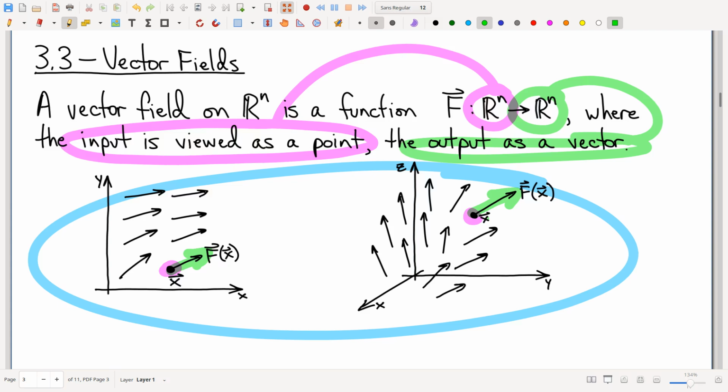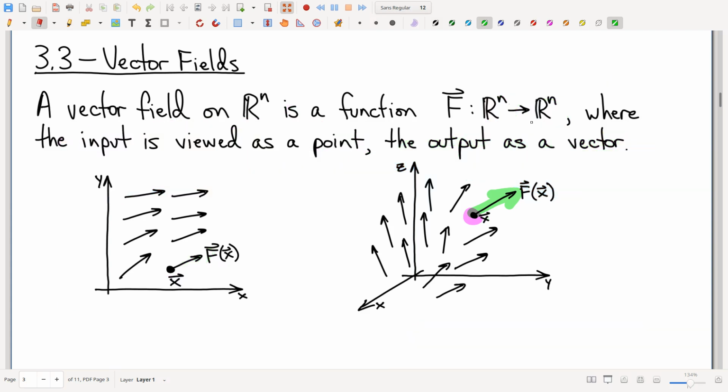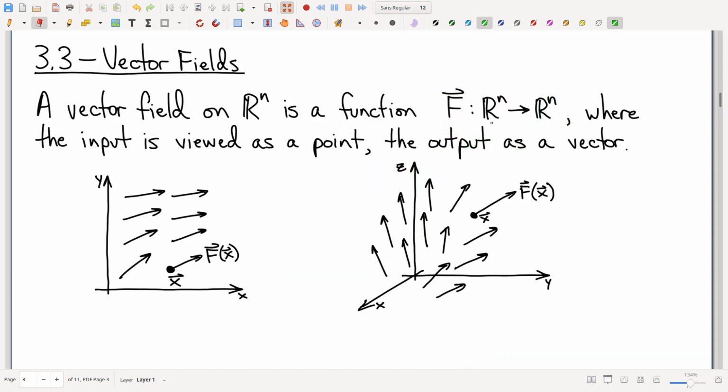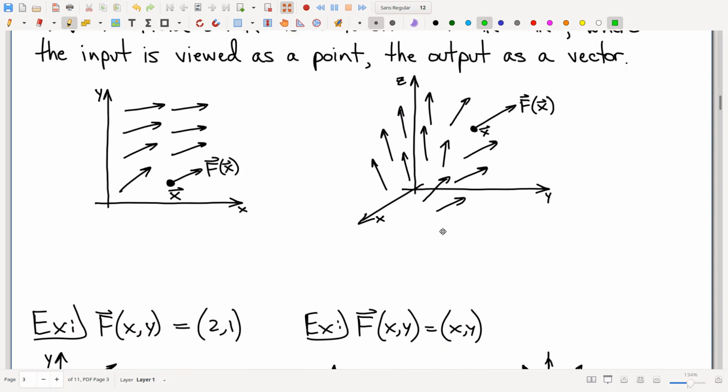So again, algebraically, formally, a vector field is a function, but in practice, we think of it as a picture where at every point there's an associated arrow. How are we doing? Everybody on board? Okay.